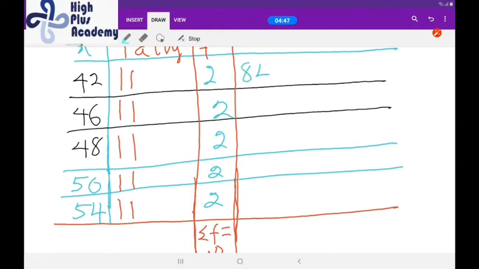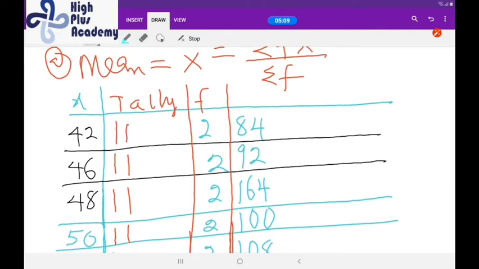That is fx. 46 times 2 gives us 92. 48 times 2 gives us 96. You can use your calculator to do that. 50 times 2, 100. 54 times 2, 108. Right, very good.